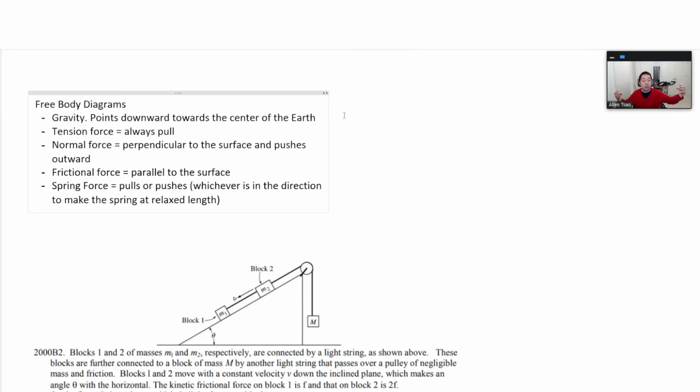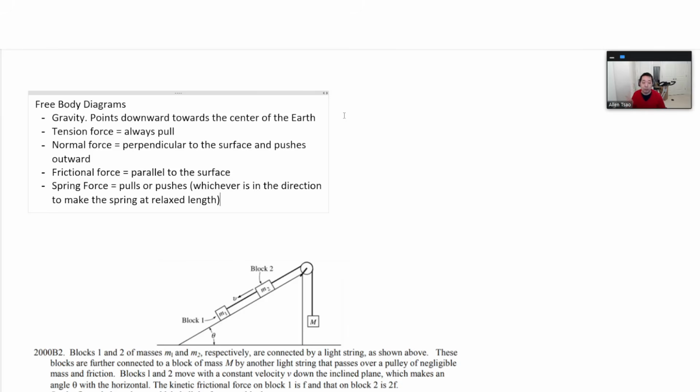If I stretch a spring, it wants to pull inward. Okay, because springs want to go back to their natural length. So the direction of the spring force is toward the relaxed length. You think of a spring, it doesn't like change. When you stretch it, it's going to pull inward to go back to its relaxed length. And if you squeeze it, it wants to push outward back to its relaxed length.